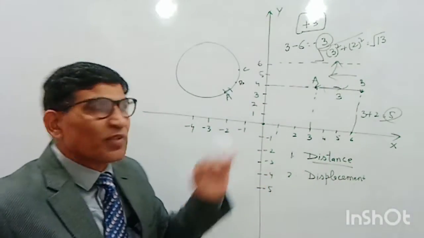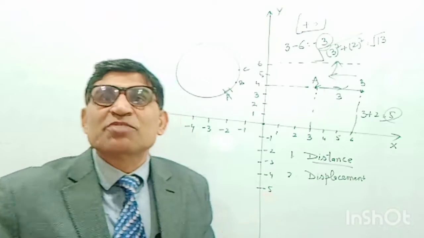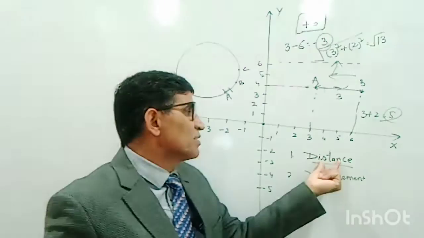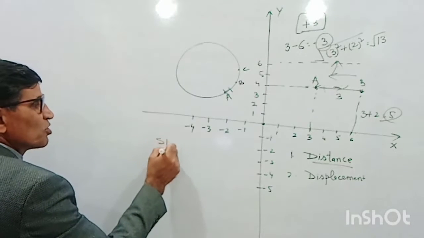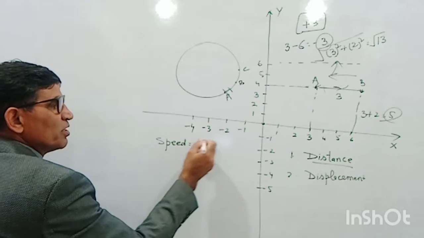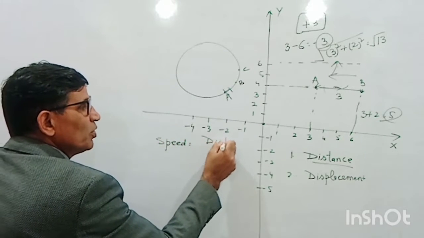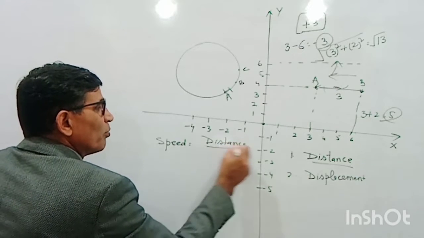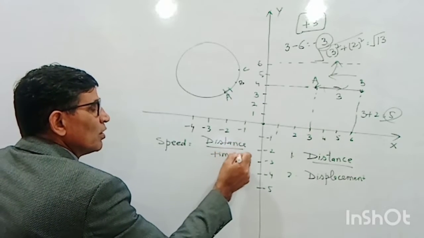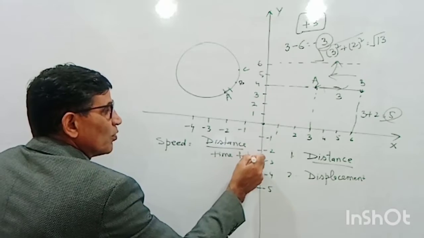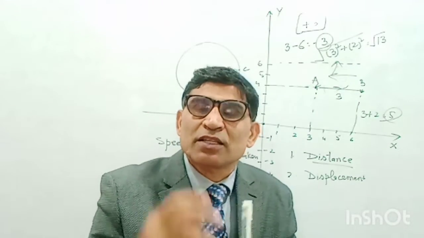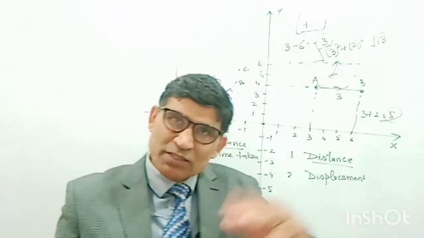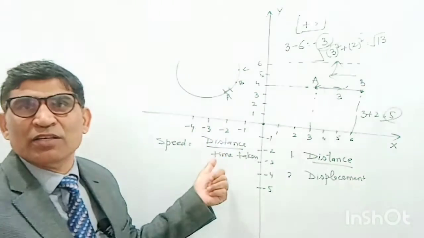So if the distance is changing with respect to time, if I divide the distance by time, then it becomes speed. So speed is simply the distance covered by the body upon time taken. What time is taken by a body to cover a certain distance? The rate at which the distance is covered, that is speed.